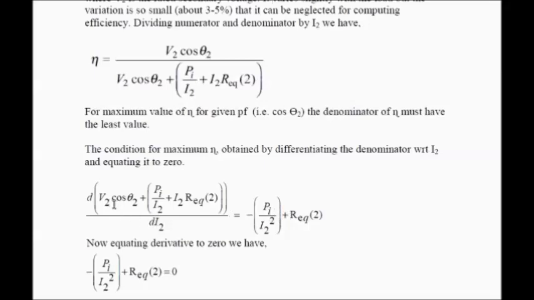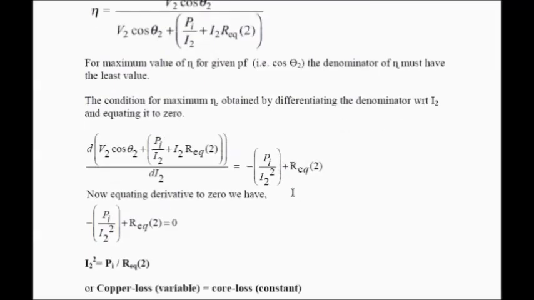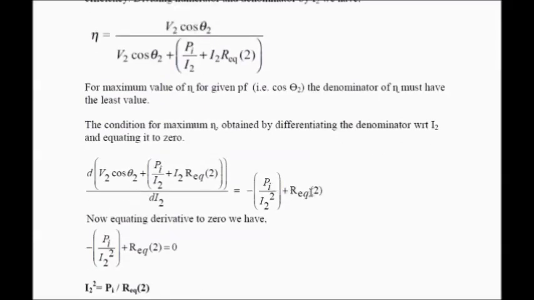When I take derivative, then d by dI2 of V2 cos theta 2 will be 0 because V2 cos theta 2 is independent of I2. And then d by dI2 of Pi upon I2 will be minus of Pi upon I2 square, and d by dI2 of I2 R equivalent 2 will be simply R equivalent 2. So this is the required derivative, and to get minimum value of denominator, this derivative must be 0.